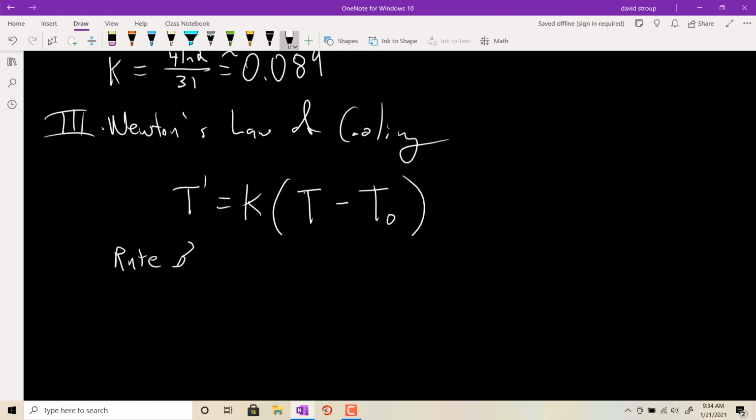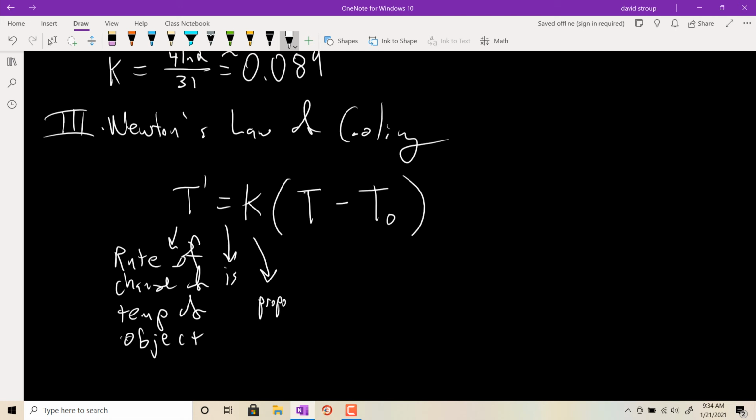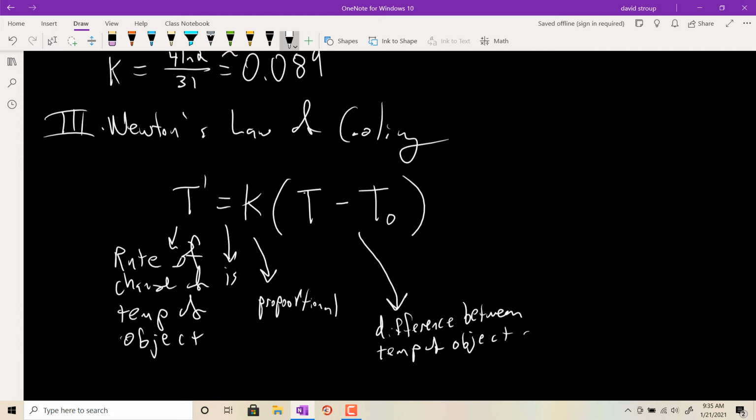So anyways, the rate of change of temperature of the object at some time t is proportional to the difference between the temperature of the object and the temperature of the surrounding medium.